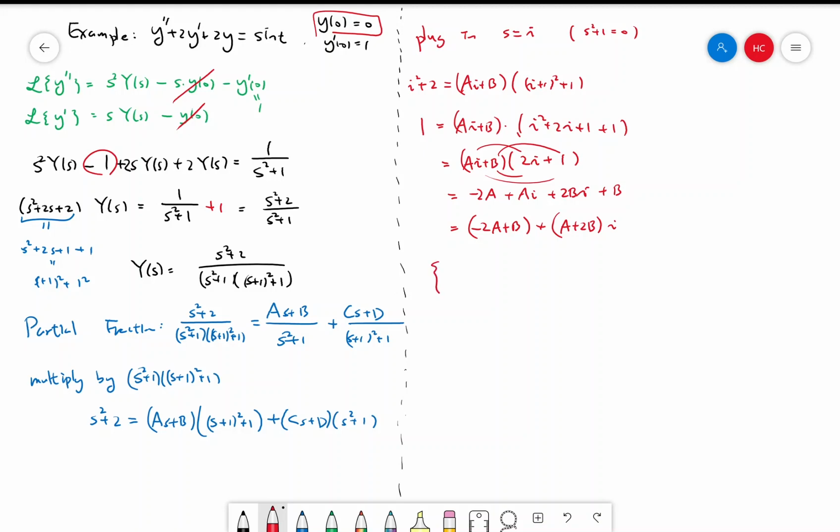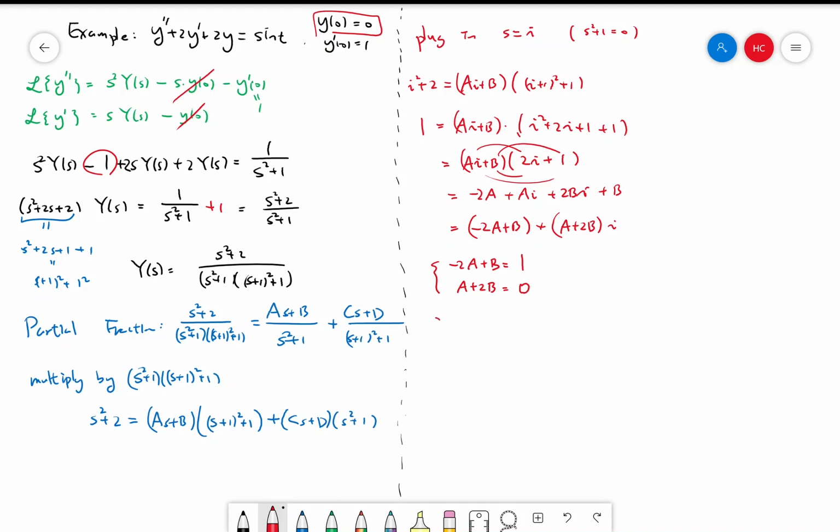So we get negative 2a plus b, the real part, is equal to the real part on the left, which is 1, and a plus 2b is equal to the imaginary part, which is 0. Alright, and then here we can use Cramer's rule.